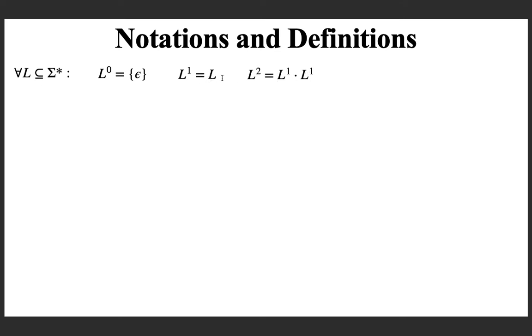So concatenation of L with L, that is L square. Then L cube is the concatenation of L square with L. We can generalize this and say L to the power i plus 1 is the concatenation of L to the power i with L to the power 1.